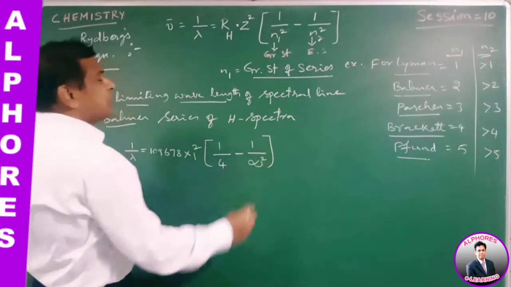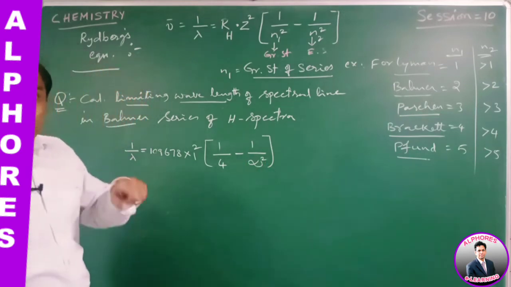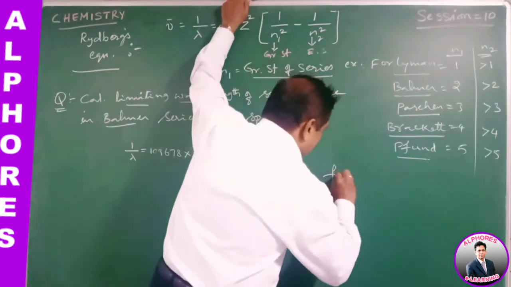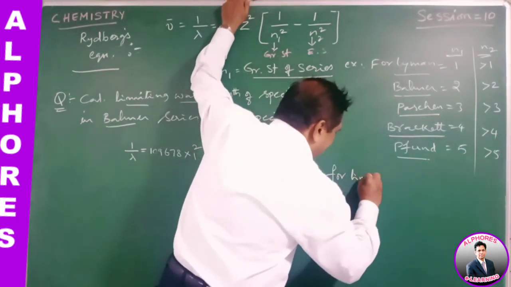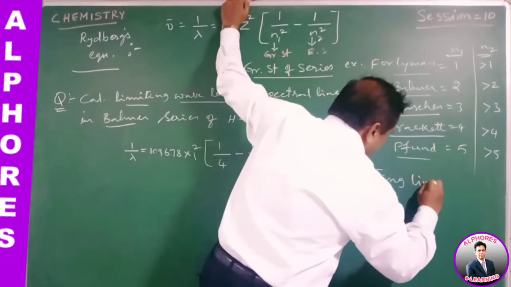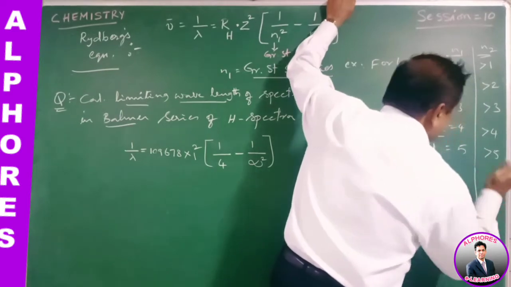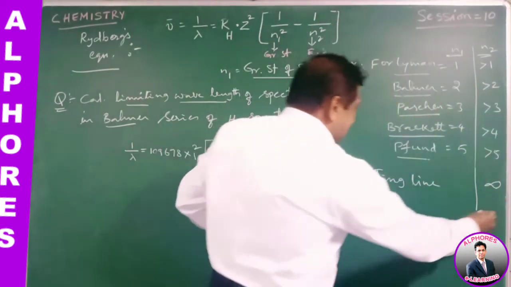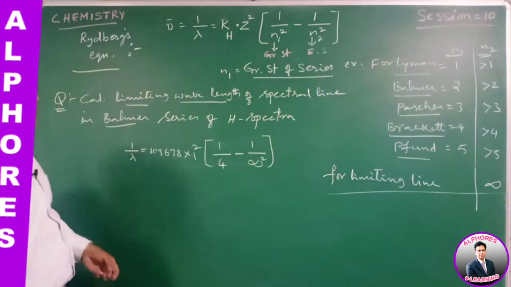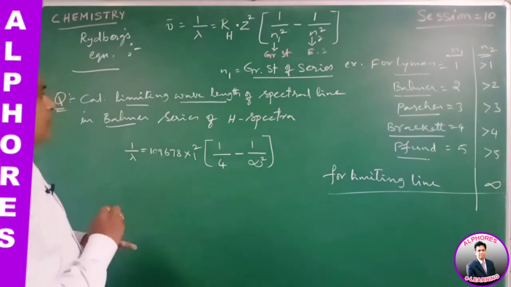So for limiting line we should consider N2 as infinity. We should not forget this one. Important point must be remembered. So that is the data we have to take.